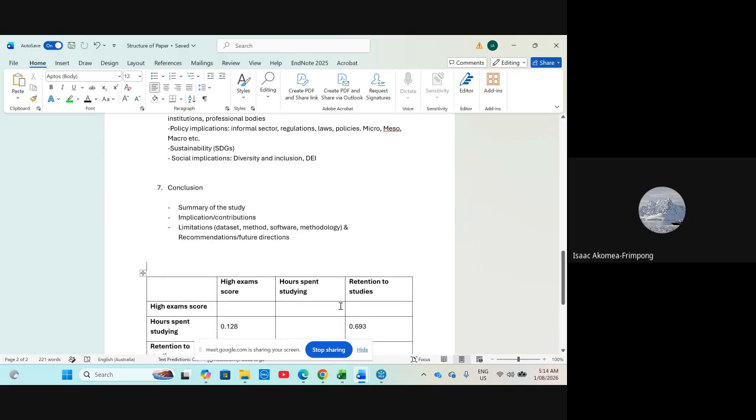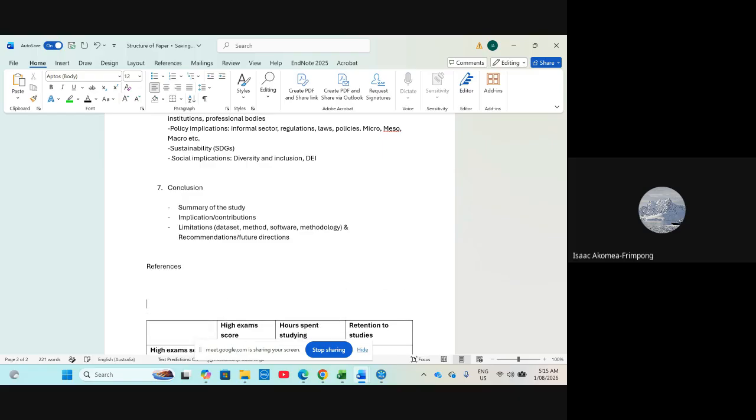The references that you put into your work depend on the journal where you are submitting your study. Okay, because some journals use APA style, some use Harvard, some use Vancouver, and then Chicago.